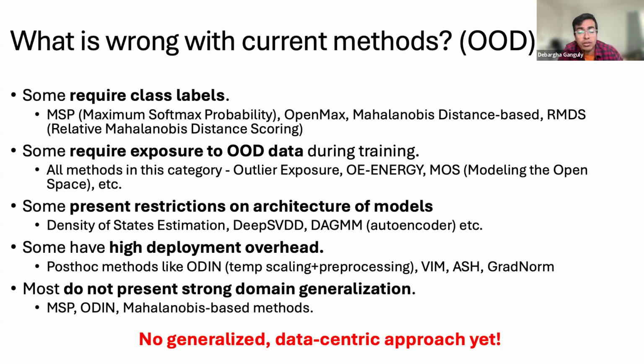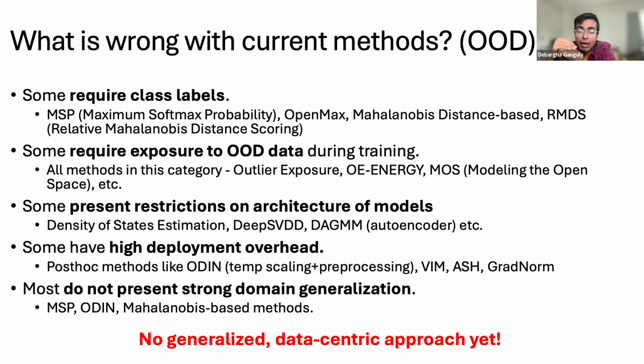And a lot of these techniques have post hoc methods where they do things like temperature scaling, where you take the logits and manipulate them, often in very sophisticated ways. This adds a lot of latency to any application, and is very cost prohibitive for any large-scale deployment scenarios.